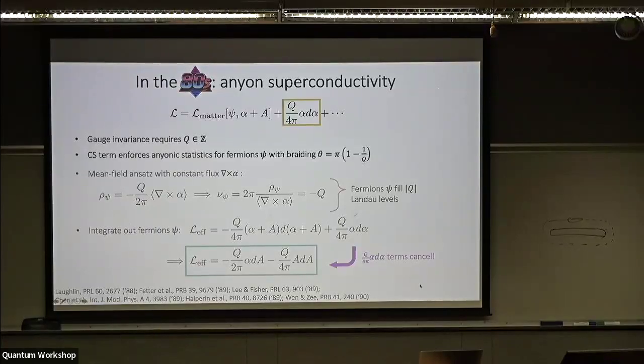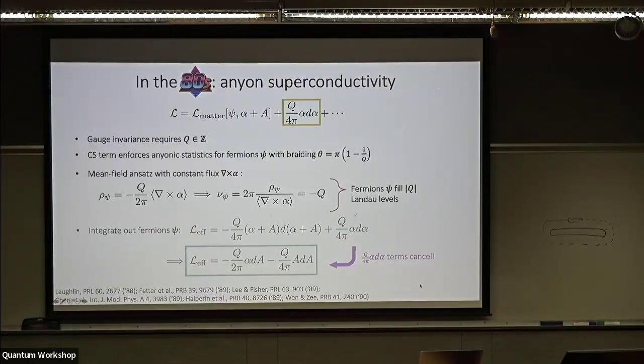The next step is to assume a mean field ansatz, specifically one in which you have constant flux. So the equations of motion for alpha t essentially imply that the density is proportional to q times the flux, which tells us that we're at a filling factor of minus q for these fermions.